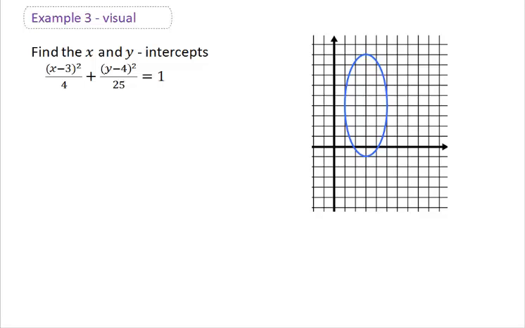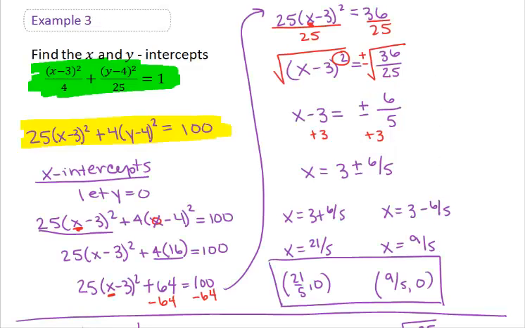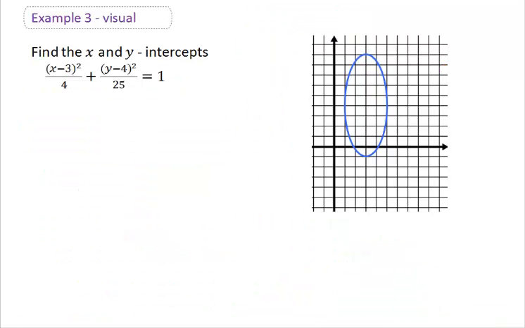If we look back, we got the x-intercepts of 21 over 5 and 9/5, 0. If we figure out the decimal approximation of 21 over 5, that is approximately 4.2. So we should have an ordered pair at (4.2, 0).